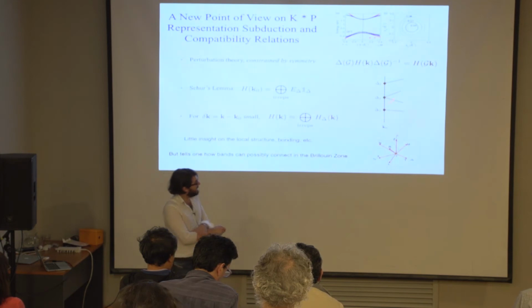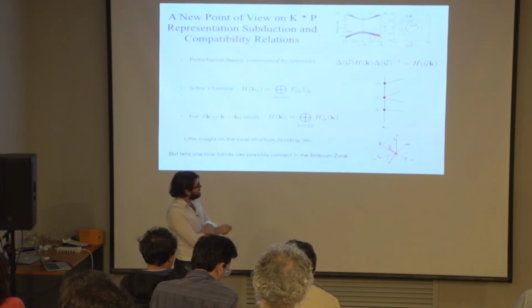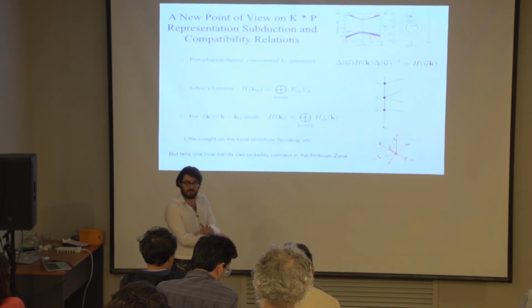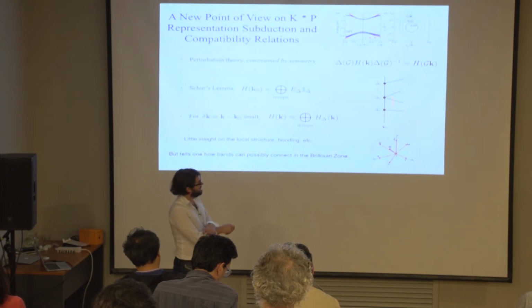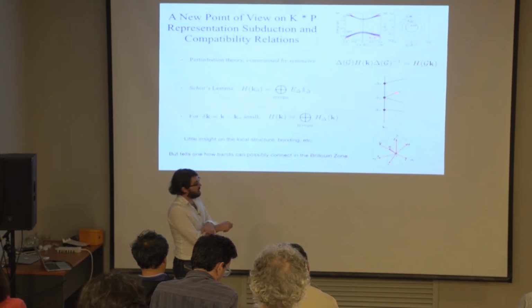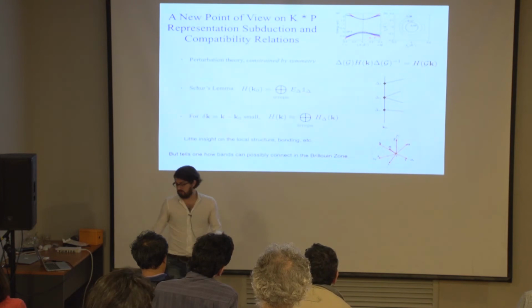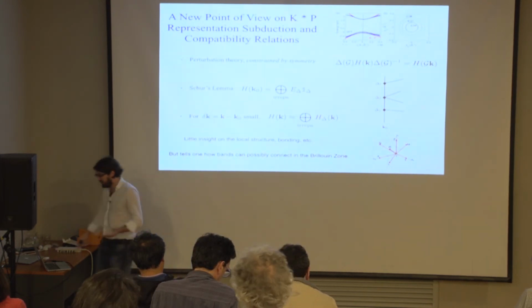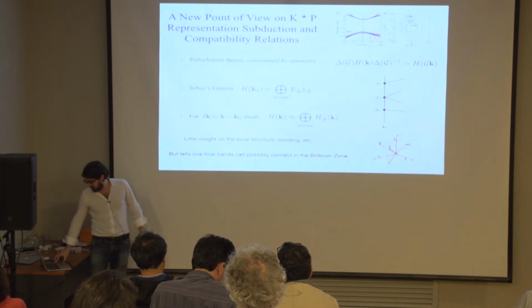That means that any band that has a representation at a high symmetry point decomposes uniquely into representations of this group on this high symmetry line. So once I know this representation at a high symmetry point, I know how it decomposes, because that's just basically orthogonality of characters in representation theory.